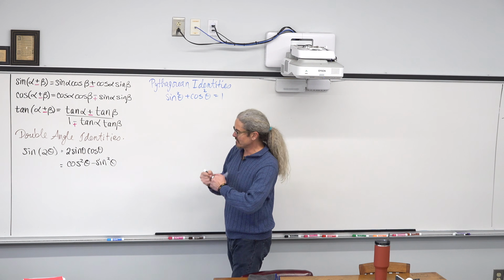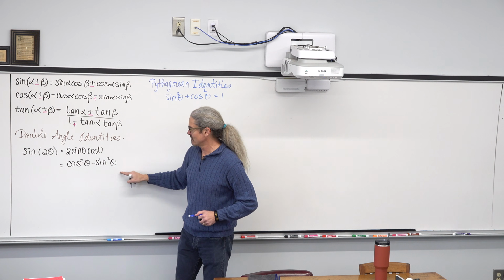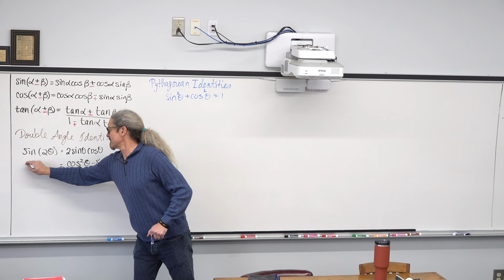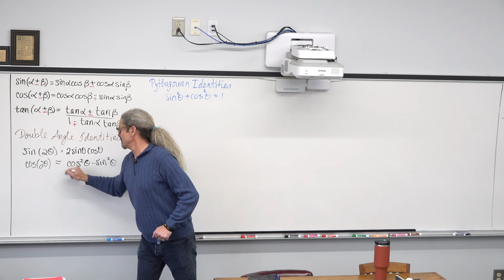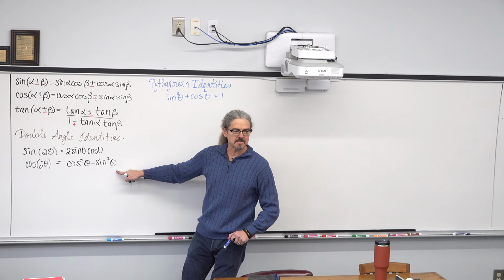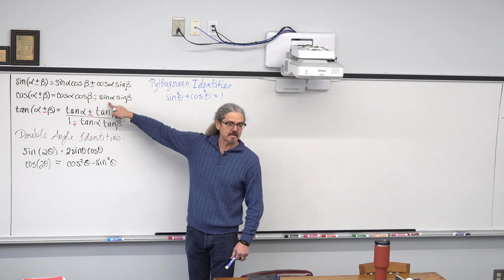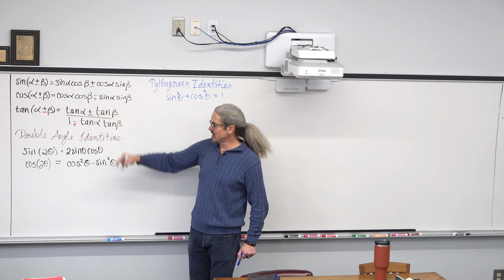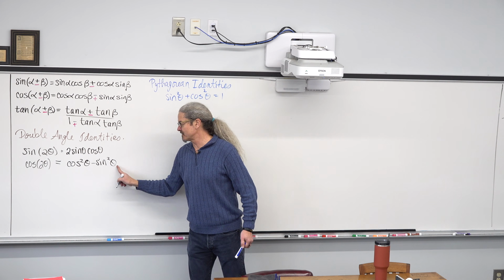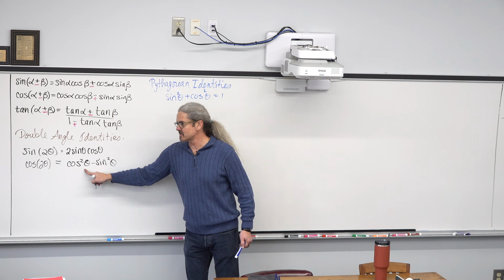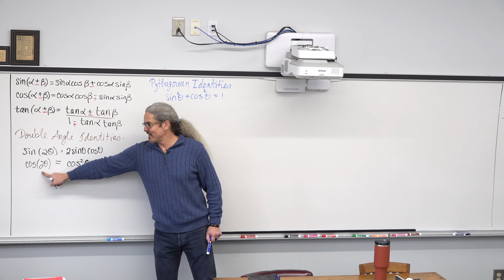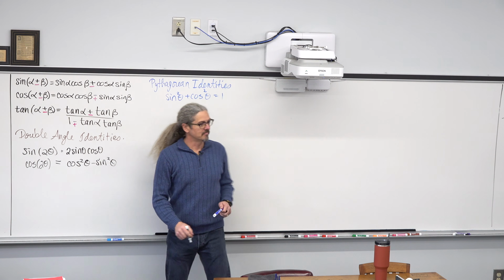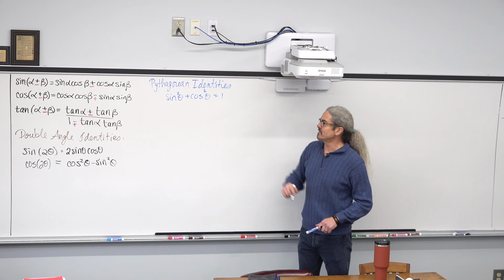And though I don't see it on the board, we just showed that the cosine of 2 theta is equal to cosine squared theta minus sine squared theta, derived from the sum identity for cosine. So negative sine of theta squared plus cosine of theta squared is a very, very different value than just being a hypothesized value of -1.